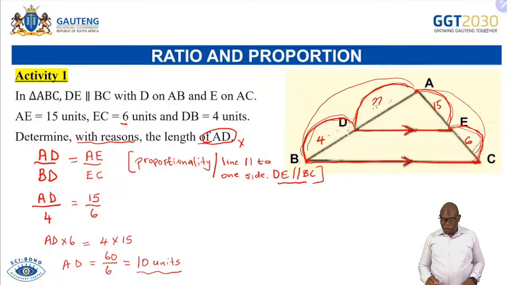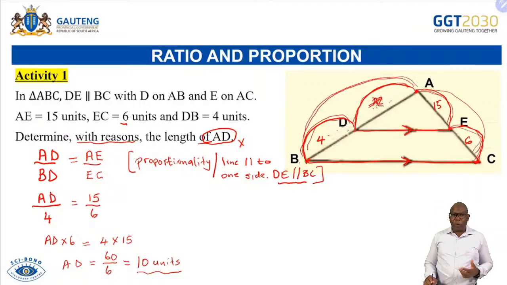So let's say this is an X, so the whole of AB will be 4 plus X. But you can still do it, because then you'll have to transpose. But that will be a very long way of doing it, though you'd still be correct and still get the answer of 10.